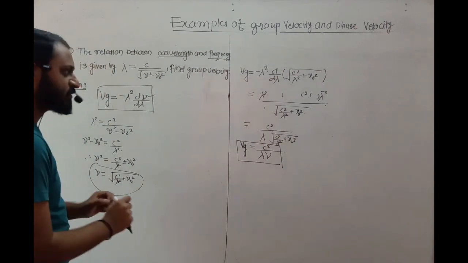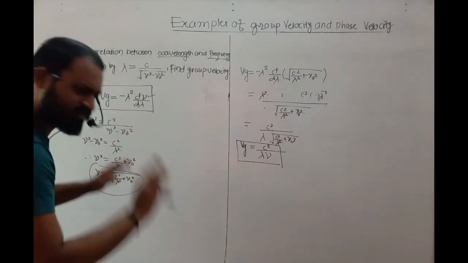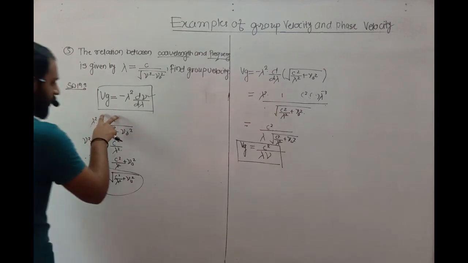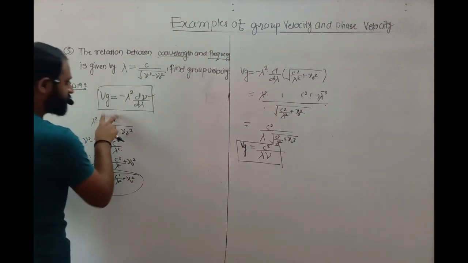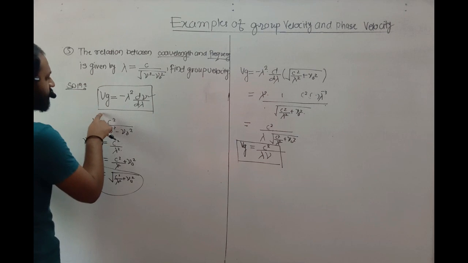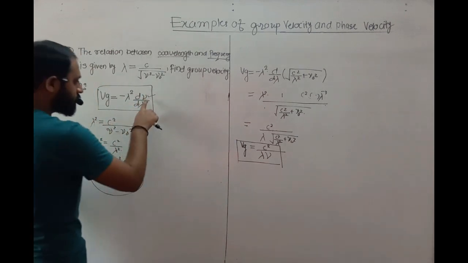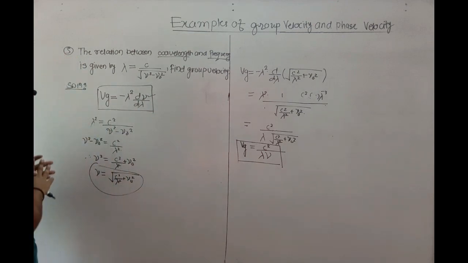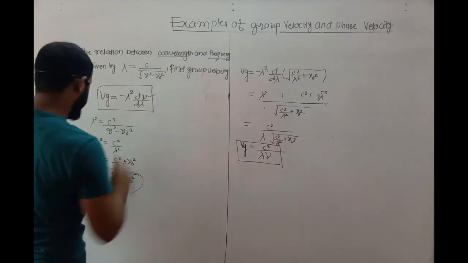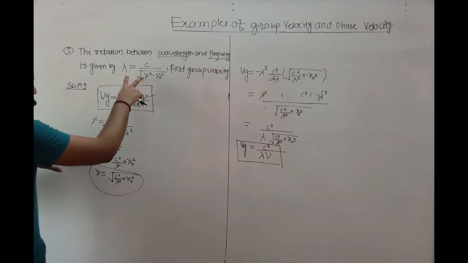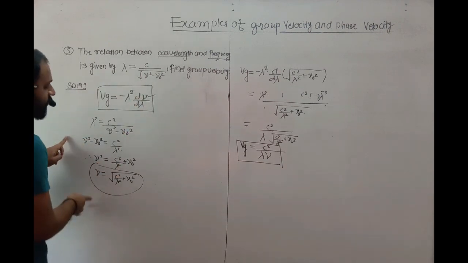Easy नहीं था, थोड़ा टफ था लेकिन I can say easy. ठीक है, in this way we use this formula Vg equals to minus lambda square dν by dλ, but we don't have nu in the given formula, but we can make nu. Okay, on squaring this and shifting and rearranging you get nu.